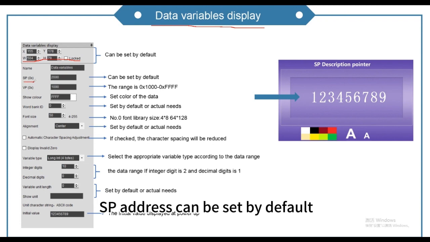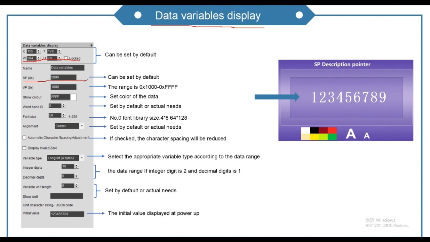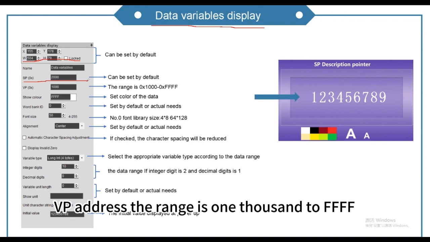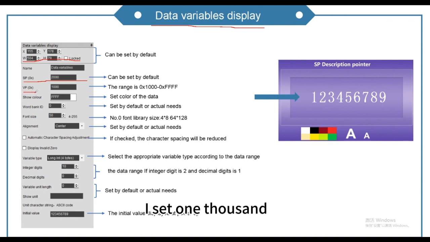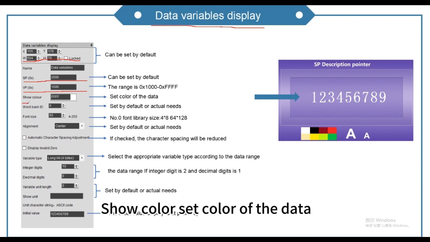SP address can be set by default. VP address, the range is 1000 to FFFF. I set 1000. Show color sets the color of the data. I set white.